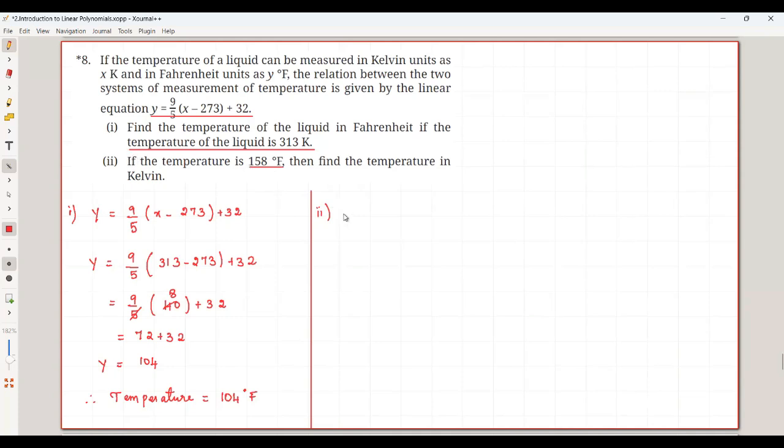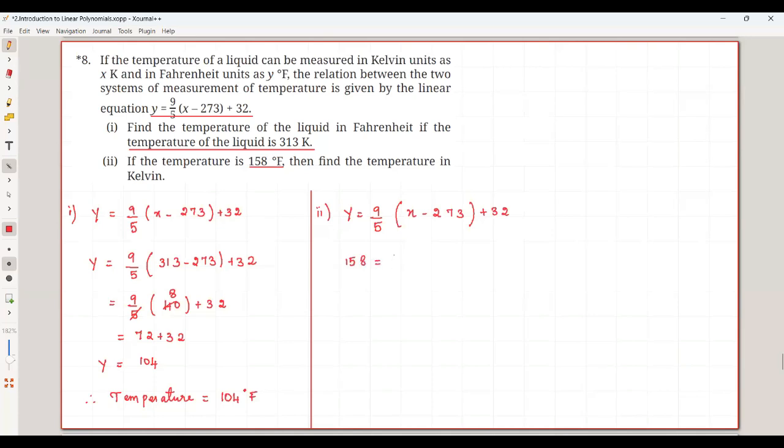For the second question also, I'm writing the given equation: y is equal to 9 by 5 into (x minus 273) plus 32. Now in the place of y, I have to take 158, because the temperature is given in Fahrenheit.